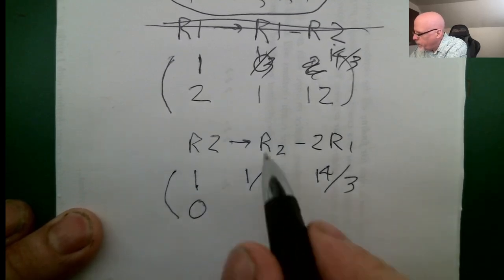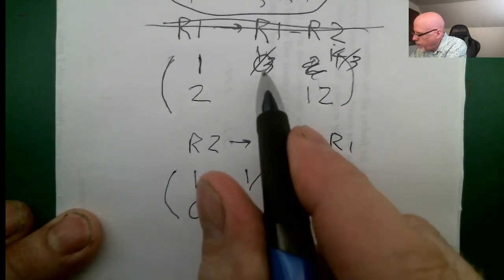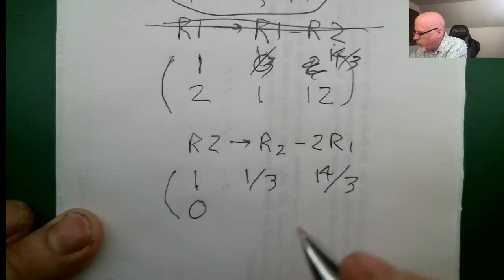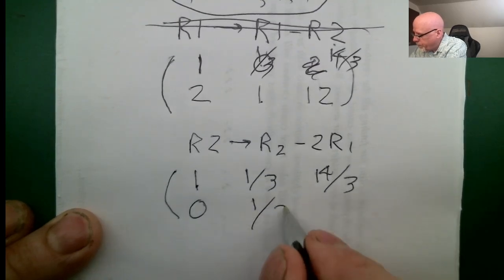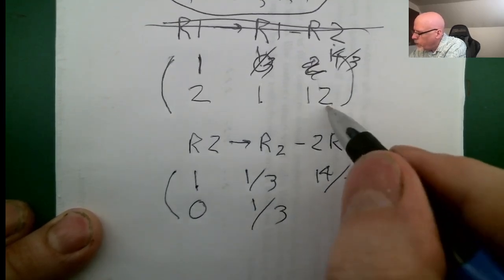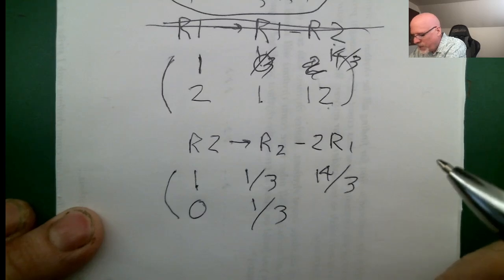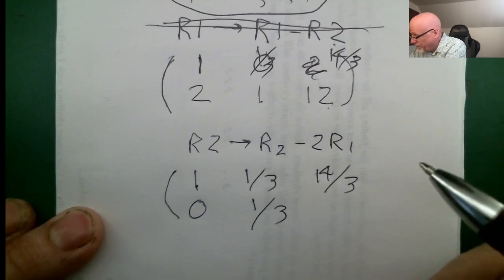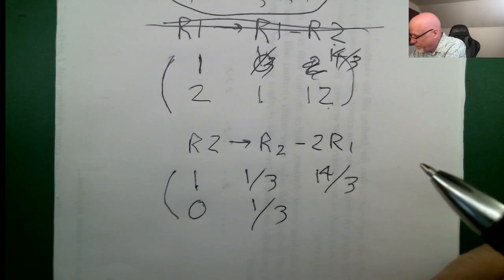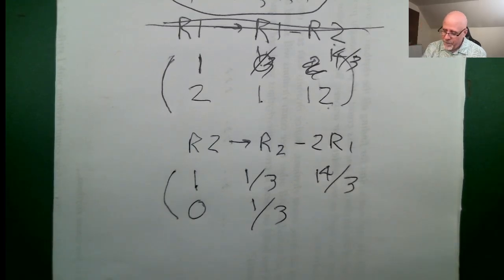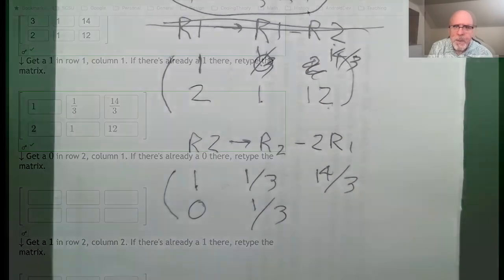What about the position right here? It's 1 minus 2 of those. 1 minus 2/3 or 1/3. Then 12 minus 2 of those. Oh, geez. 12 minus 28/3. I really don't like having to do this, but here we go.